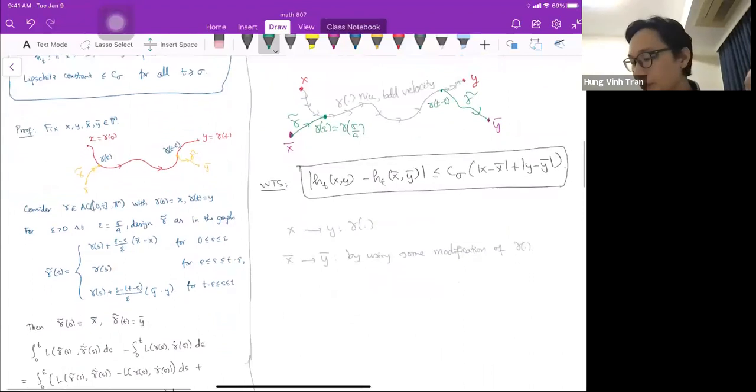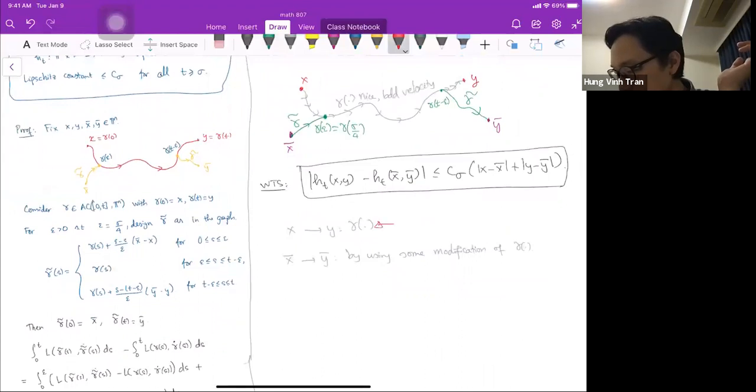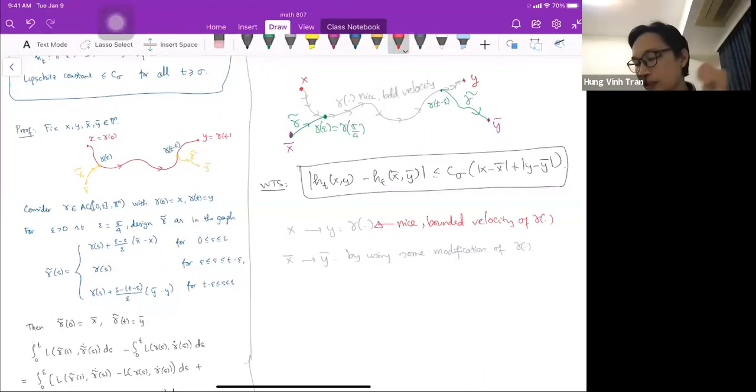So we really need nice bounded velocity of gamma.